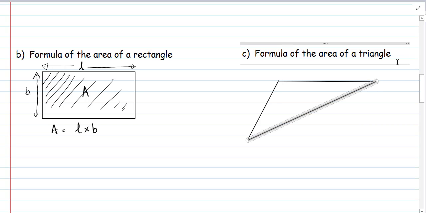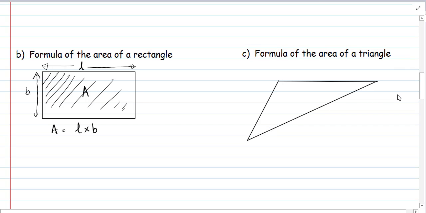Suppose we have this triangle, and say here this length is B, which means the horizontal length, and we don't need these slant heights. When we want to find the area of a triangle, we want to measure perpendicular lengths, same as this one here. L is perpendicular to B, so the product gives us the area.